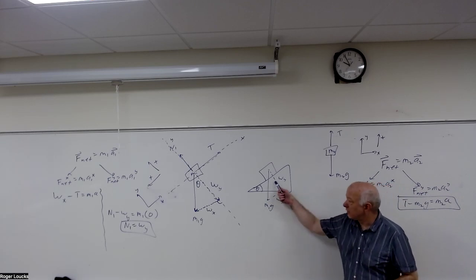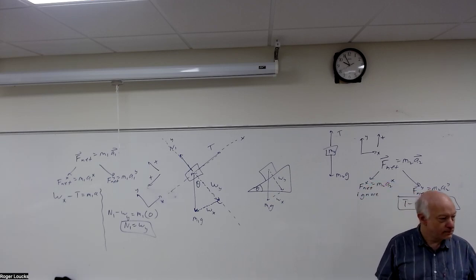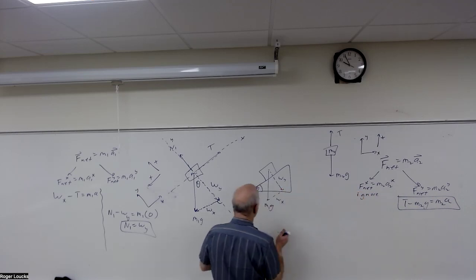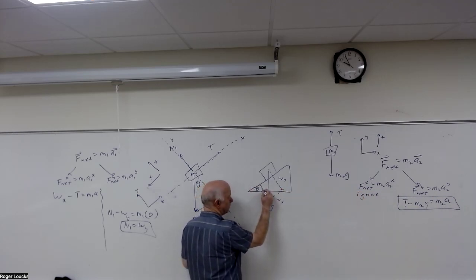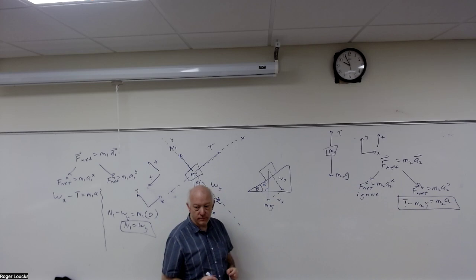So convince me that this angle here has to be theta. Okay, we have theta here, we have an angle here of 90, and I'm going to call this angle here alpha. What do I know about theta, 90, and alpha?